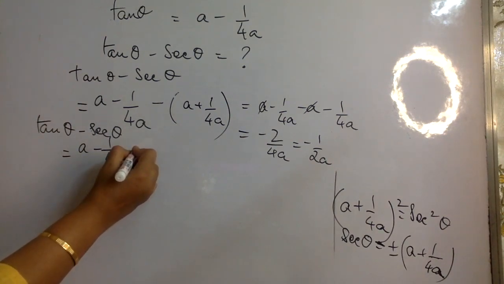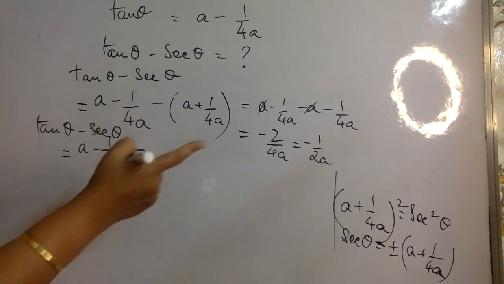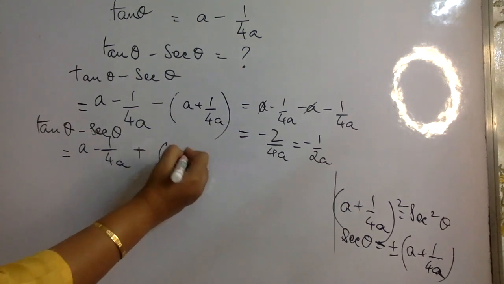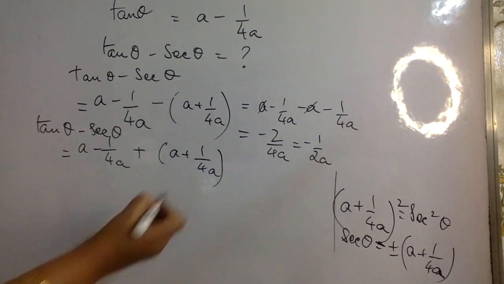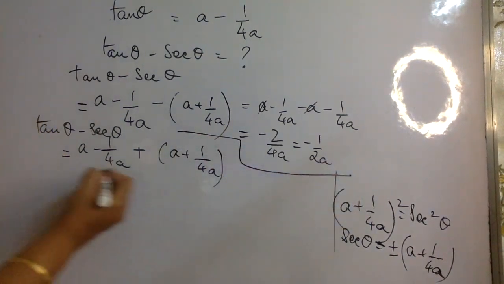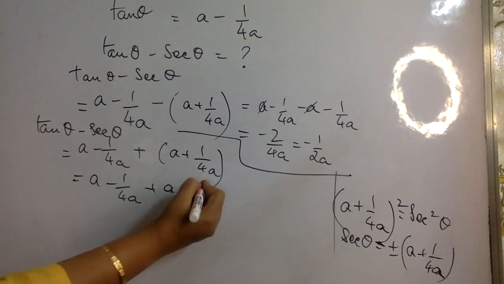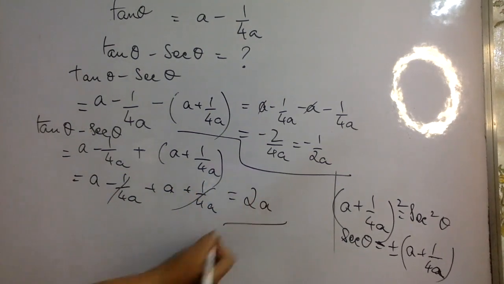Now the expression has one minus, and the value of sec theta has another minus, so it becomes a plus, a plus 1 by 4a. And that becomes a minus 1 by 4a plus a plus 1 by 4a. This is gone, so that is a 2a.